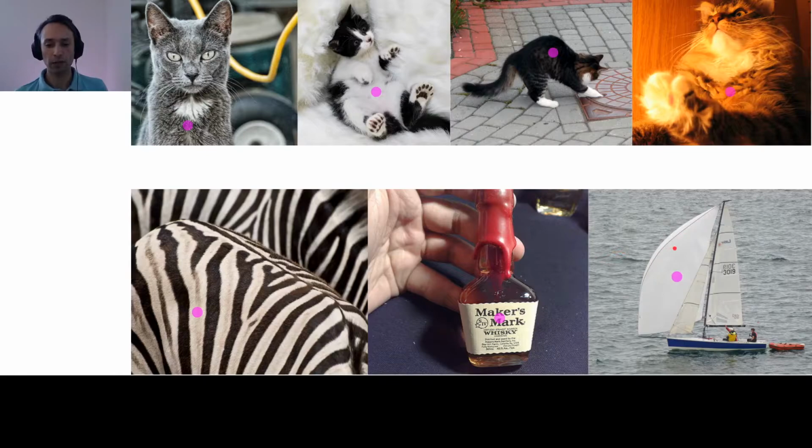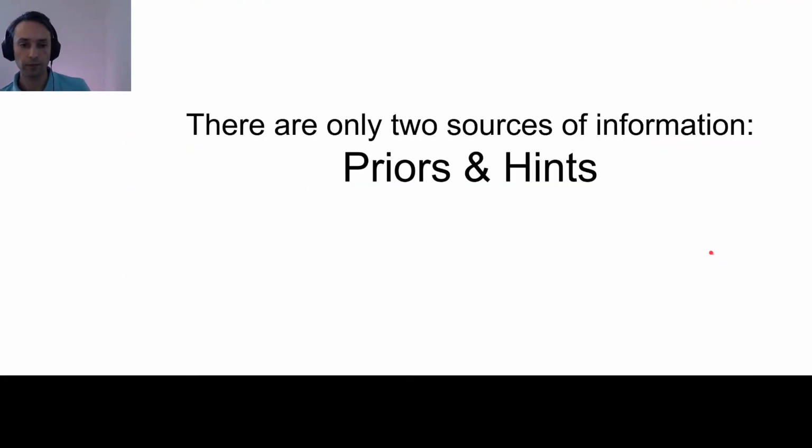And the final problem that plagues this domain is the issue of co-occurrence. So if you're trying to annotate a sail, almost every single instance of sail you'll find is together with a boat. So it will be very hard for the model to understand if you're trying to annotate only the sail or the sail with the boat. And at the end of the day, to the best of my thinking, there's only two sources of information that every one of the weakly supervised techniques uses.